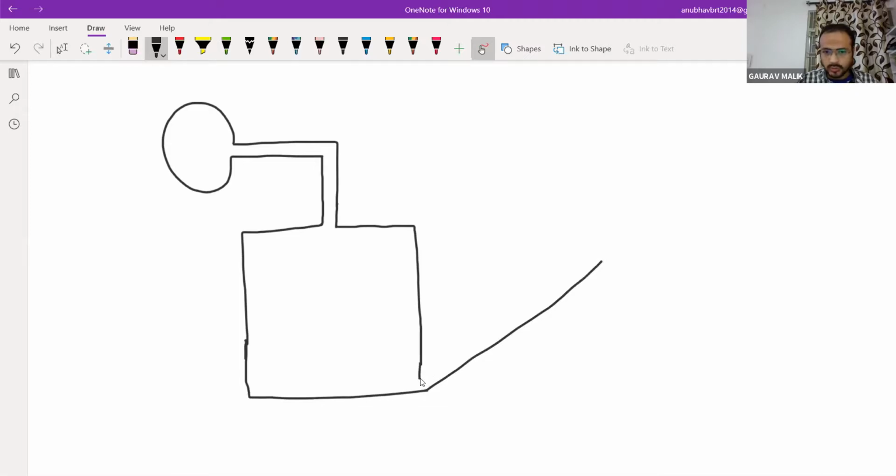Students face a lot of problems in the inclined one, and that is very simple because you need to take the component which is in the vertical direction, because we know that in the horizontal direction pressure is the same.